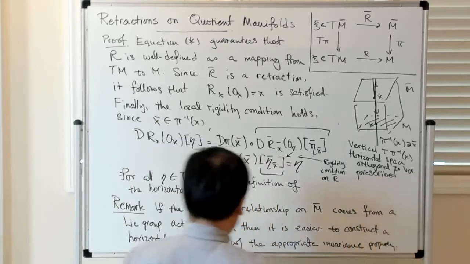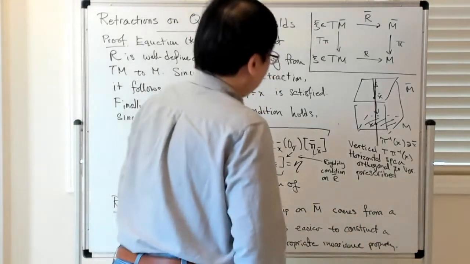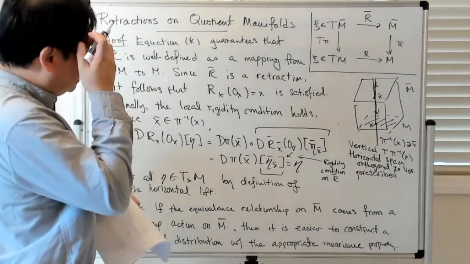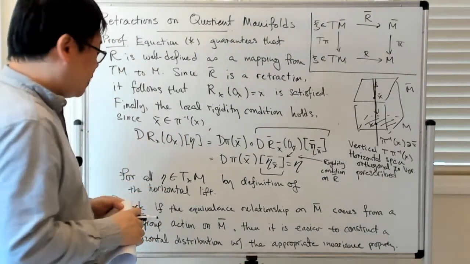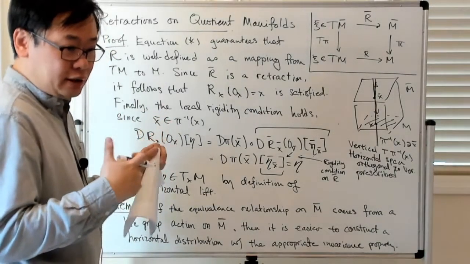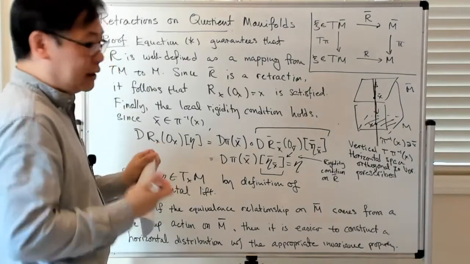Let me try to at least explain in words what I mean by that. So imagine, for example, you have a vector space, say Rn, and imagine you have some sort of group action. Imagine, say, the space of rotation matrices acting on Rn.